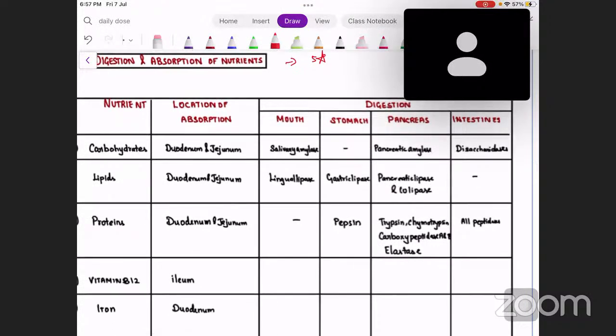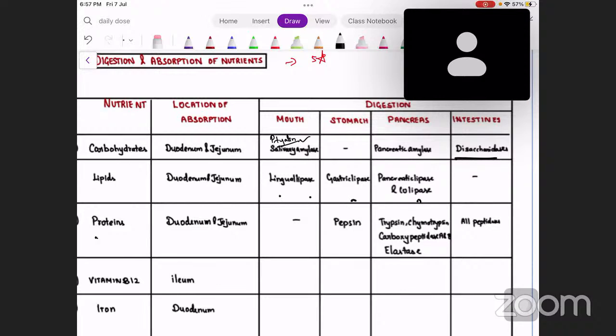Carbohydrate in the mouth will be digested by salivary amylase, also known as ptyalin. If you are seeing any of these names, you can choose it. And pancreatic amylase, and intestinal disaccharidases. So in the duodenum, it gets absorbed. Lipid, all the lipases in the respective locations, and it gets absorbed in the intestine.